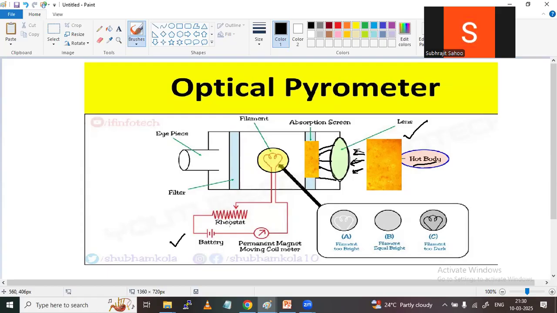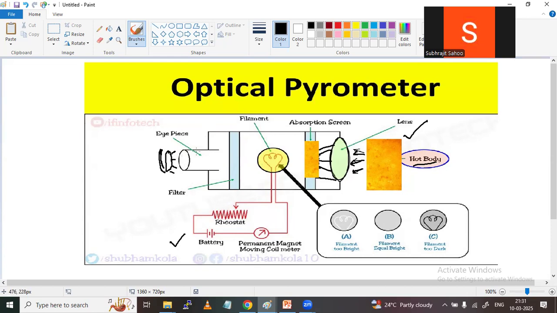It is a variable resistor known as a rheostat. If the resistance value is less, then the current is more and the brightness is more. If the resistance value is more, then the current is less and the brightness of the lamp is less. We have done the arrangement like this. And here is the eyepiece, where we can see the radiation.